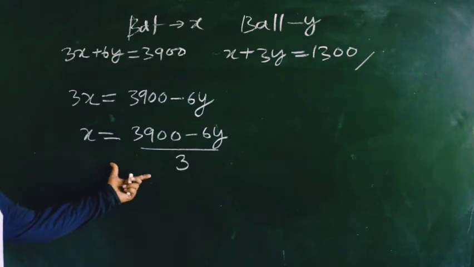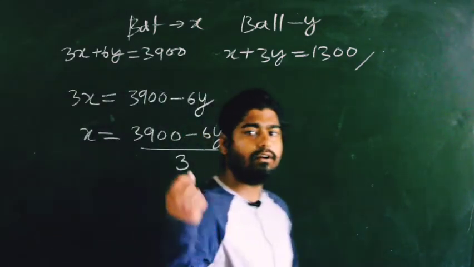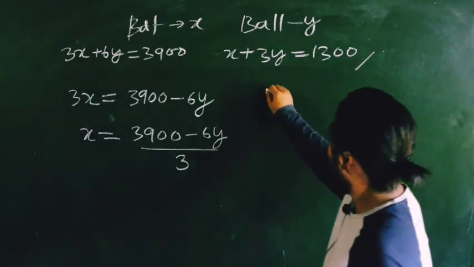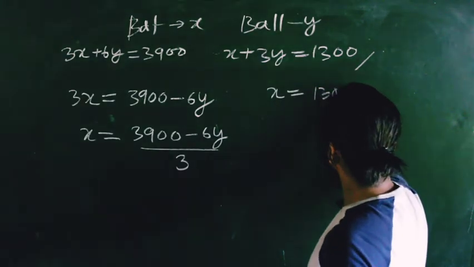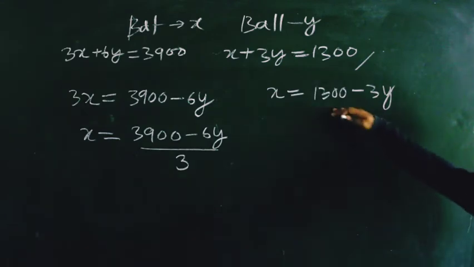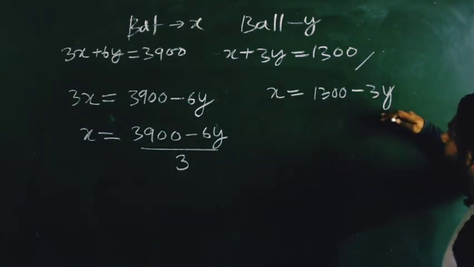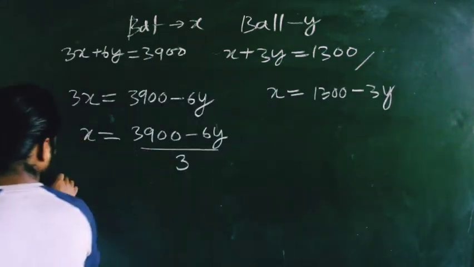This is the form where you have to put the value of y in order to get the value of x. For this equation we'll do the same. x equal to 1300 minus 3y. Here there is no multiplication, so this will be the end of the equation and we can put the values. Now let's see.